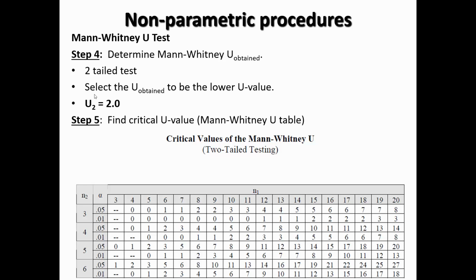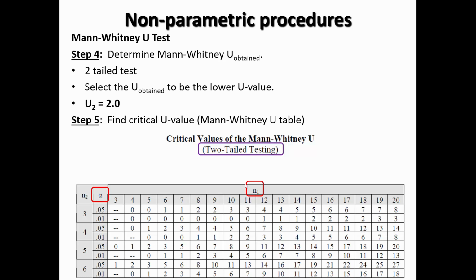As we've seen consistently with the other statistical tests, we compare this to the critical U value from what's called the Mann-Whitney U table. This is an excerpt from the Mann-Whitney U table. Once again, this is two-tailed testing, and unless stated otherwise, we go with an alpha level of 0.05.